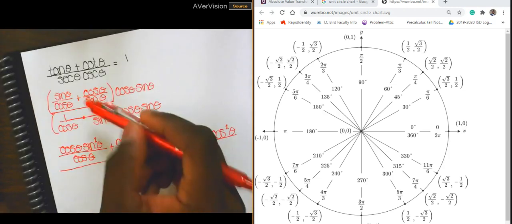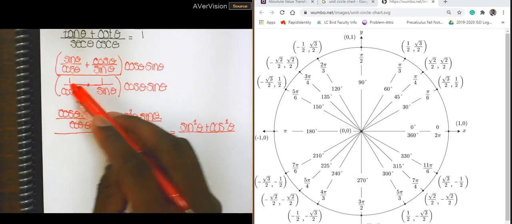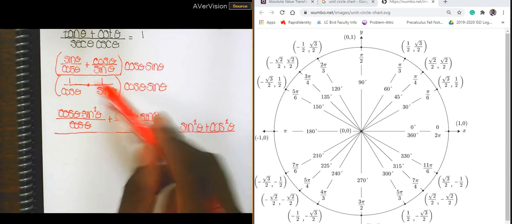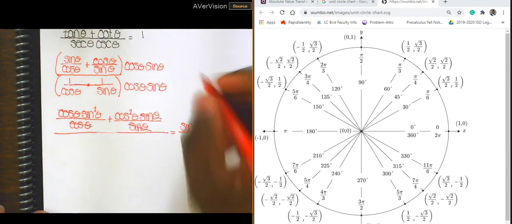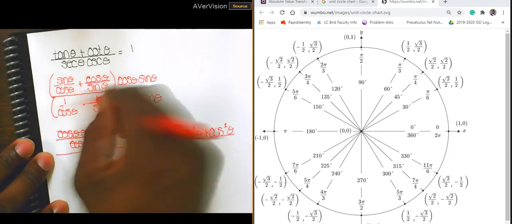So 1 over cosine times 1 over sine is the same thing as 1 over sine times cosine.